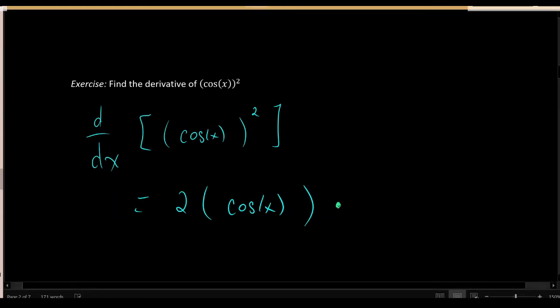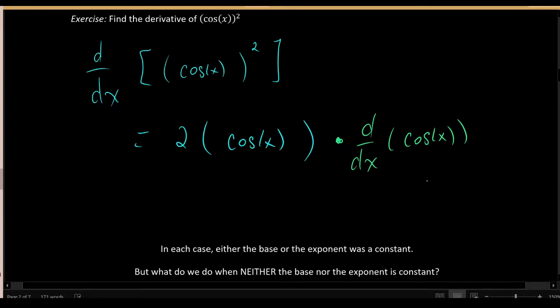Then we multiply that by the derivative of cosine. The derivative of cosine is minus sine. So once again, we would use chain rule in the case where our base was a function, but our exponent was constant.